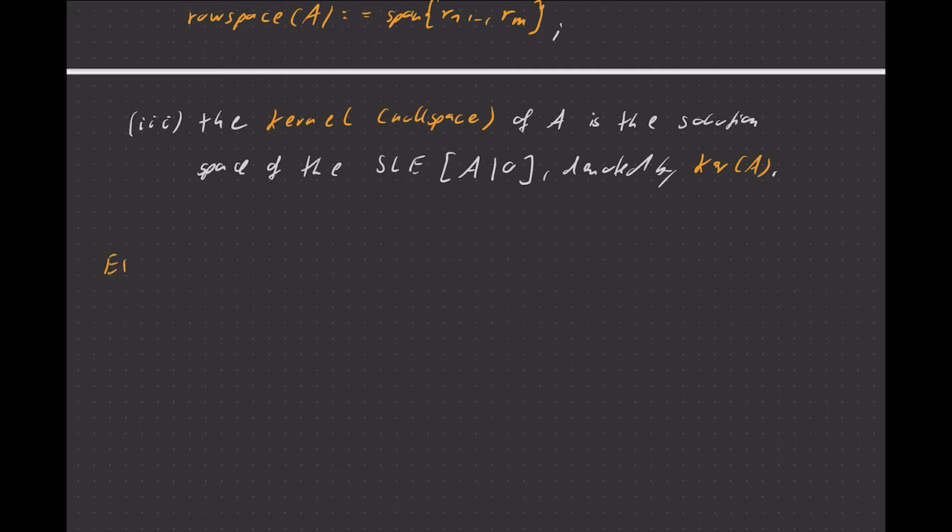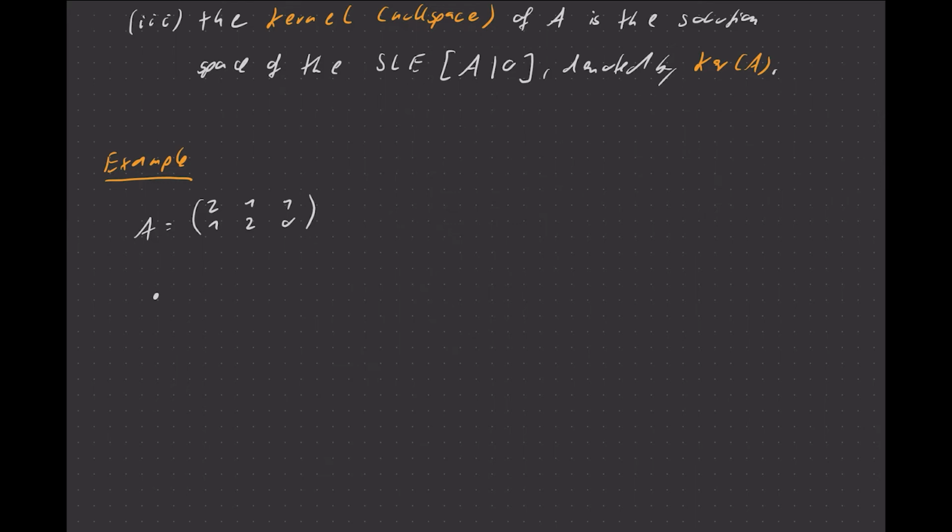Quick example. Let's take the matrix 2, 1, 1, 2, 1, 0, like this. Then the column space of A is the span of its columns.